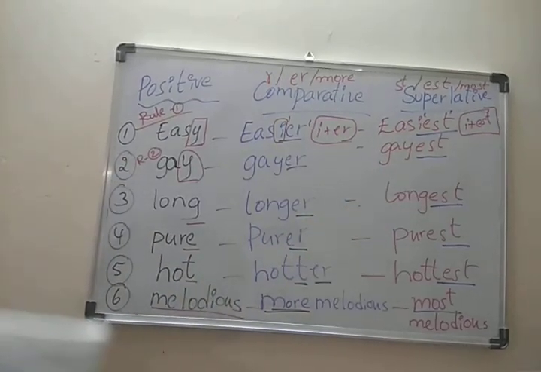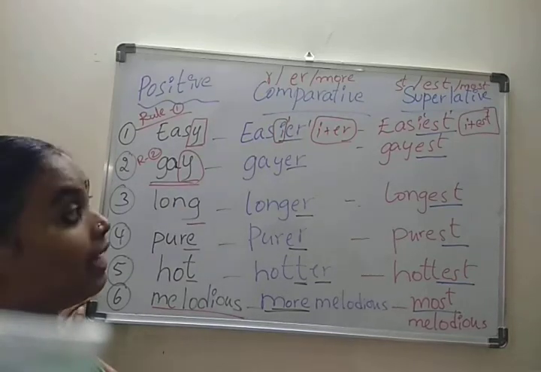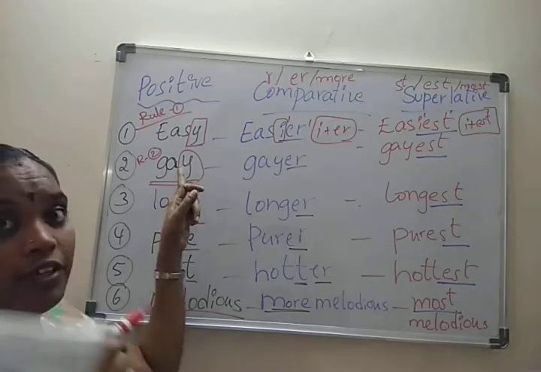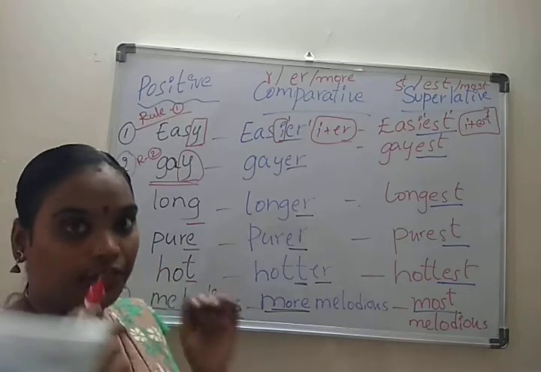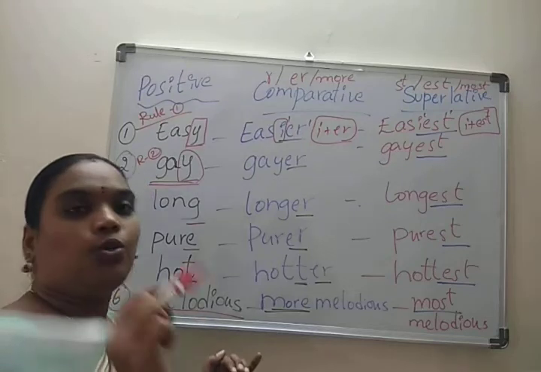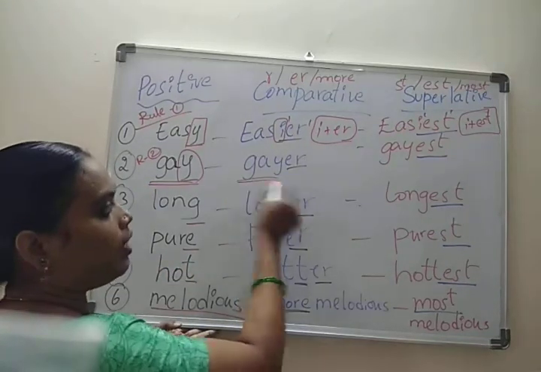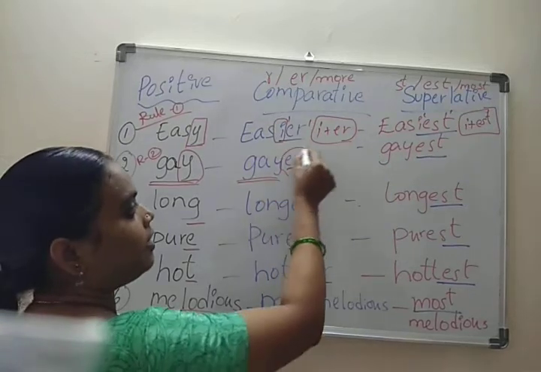This is rule number 2, where the word ends in a vowel sound, gay, vowel plus Y. Whenever we write a word that is a vowel ending with Y, there is no change for that word, gay only, but add ER.